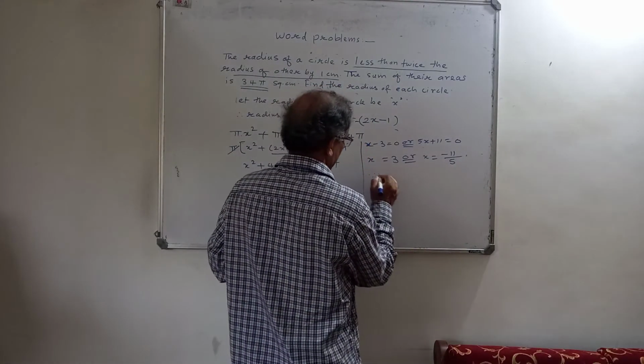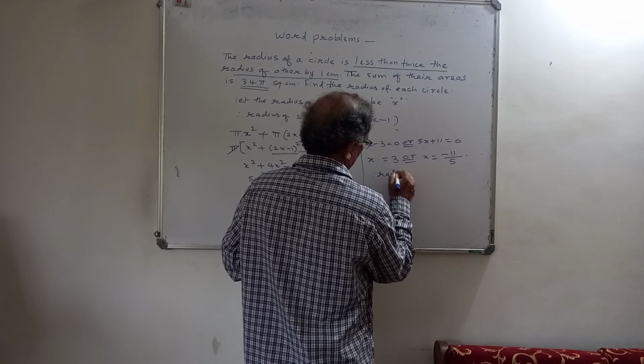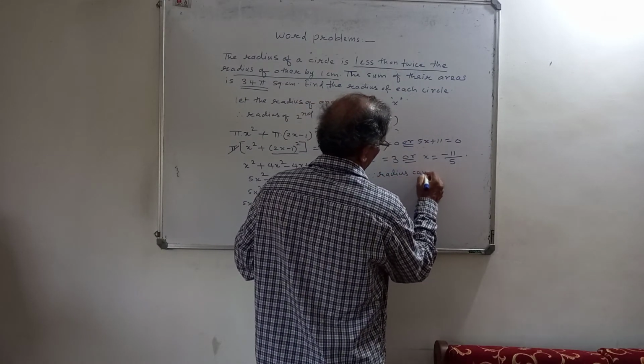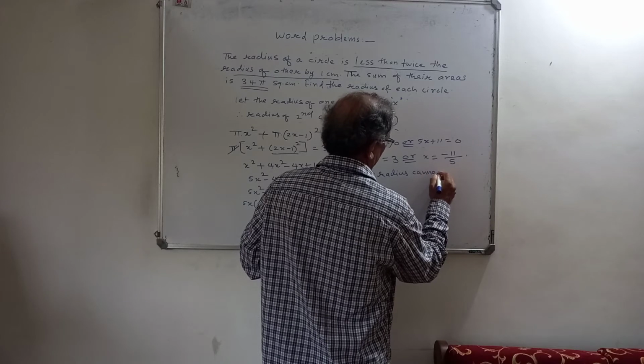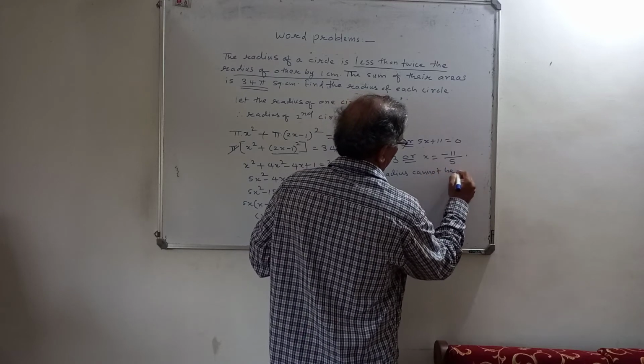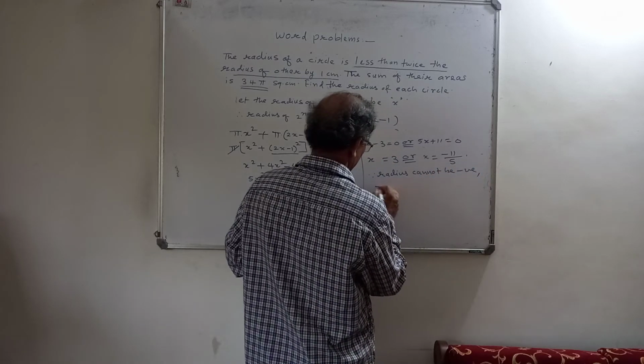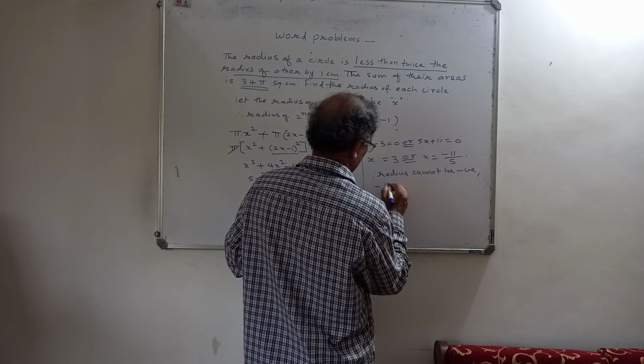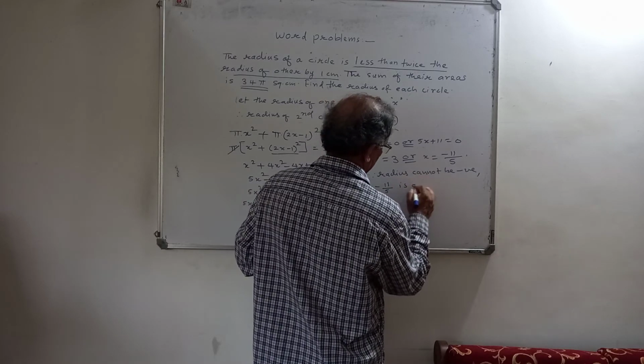So since the radius cannot be negative, minus 11 upon 5 is discarded.